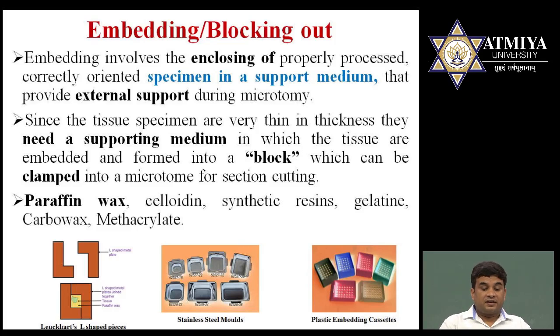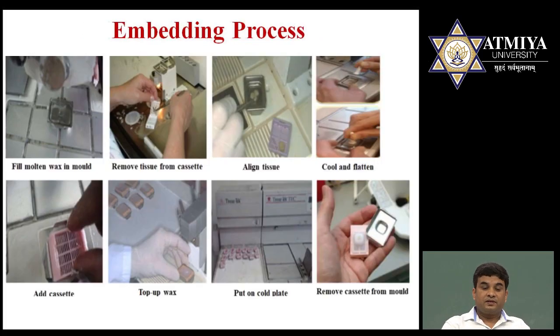These are some of the apparatus used for embedding. Mostly you use a stainless steel mold type structure and paraffin, and a plastic embedding cassette for the embedding process. The process is as follows. First take the molten wax in the mold, then put the tissue, and allow it to cool.